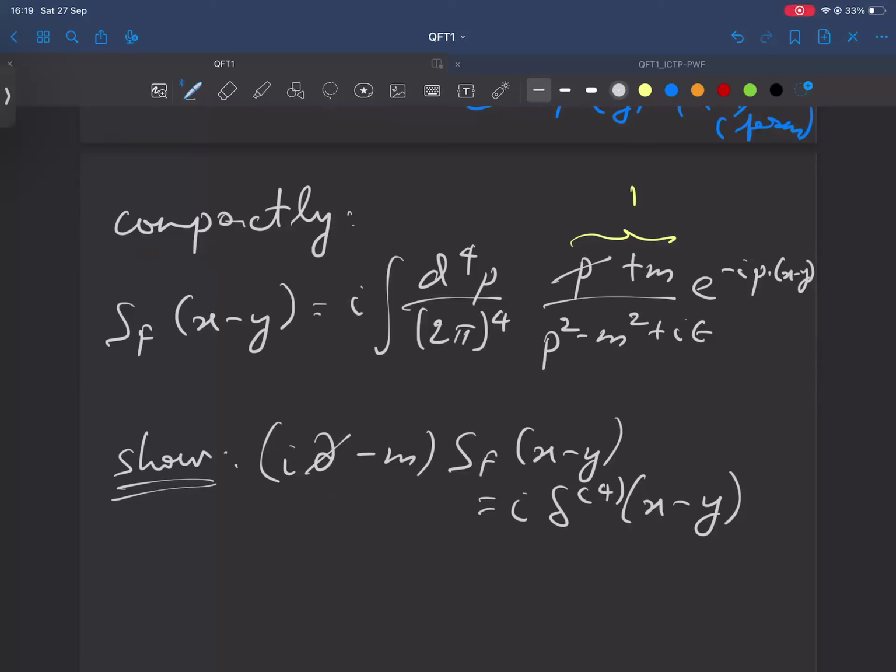And now if you remember, we then discussed something like on shell and off shell particles. So we said, sorry, particles that are on shell and particles that are not on shell. We said the former is like the real particles and these are virtual particles. And the complex scalar field Feynman propagator propagates what are called virtual particles, as you will see next week when you will be taught interacting theories.